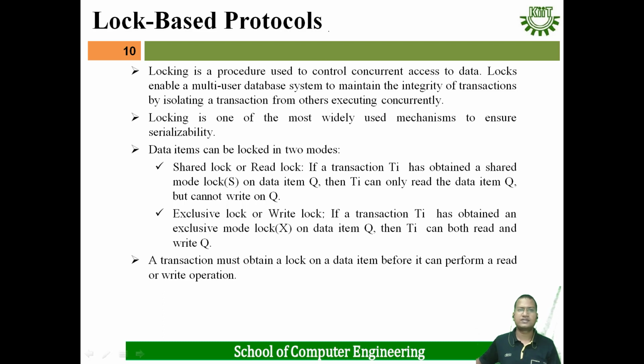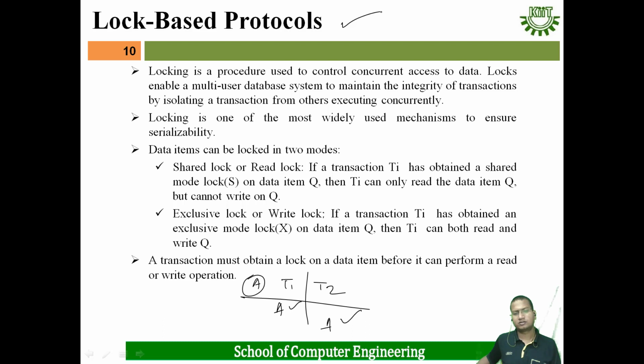Now we'll see log-based protocol. Till now, we have seen various problems associated with concurrent execution of transactions. Why are these problems arising? This is due to concurrent access of data items. Suppose T1 and T2 are two transactions and a data item A is shared by T1 and T2 simultaneously.